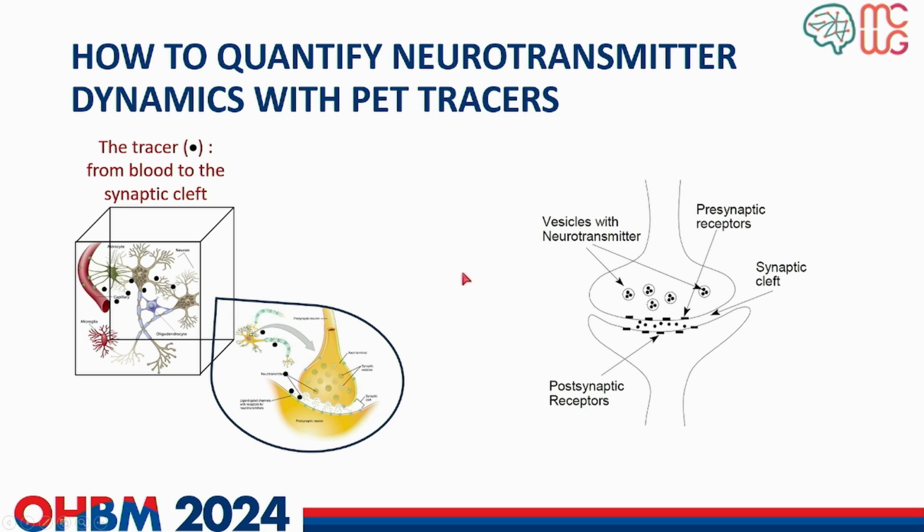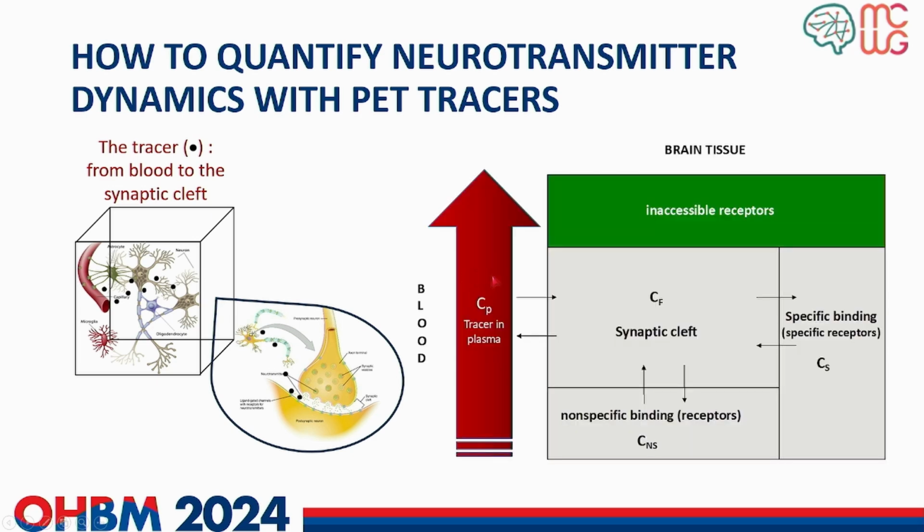How to translate this into a model? First, we use a scheme. There is the tracer in the plasma. The tracer crosses the BBB and enters the tissue.